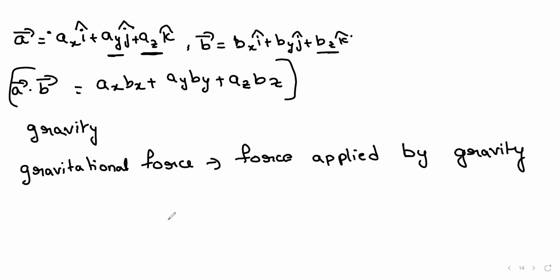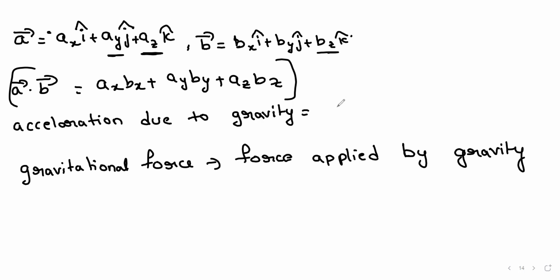So what is the gravitational force on us? Acceleration due to gravity is 9.8 meter per second square.